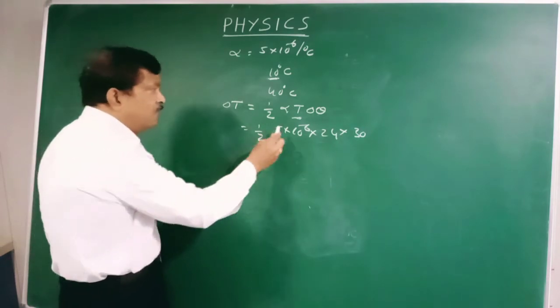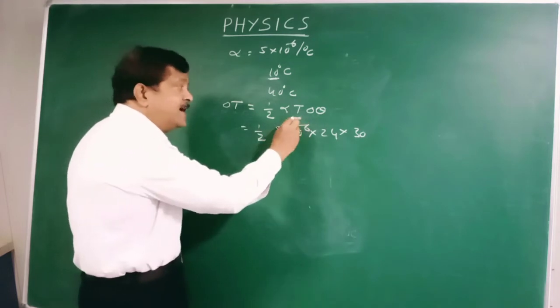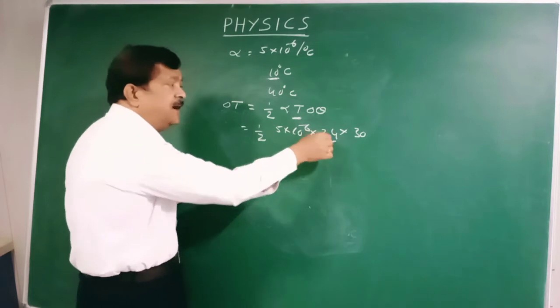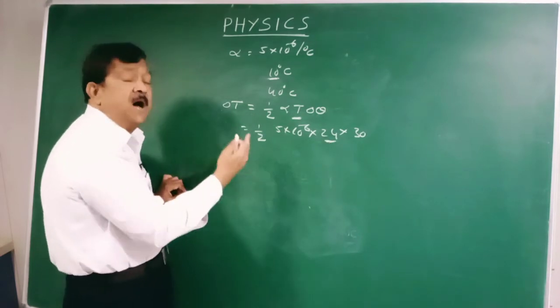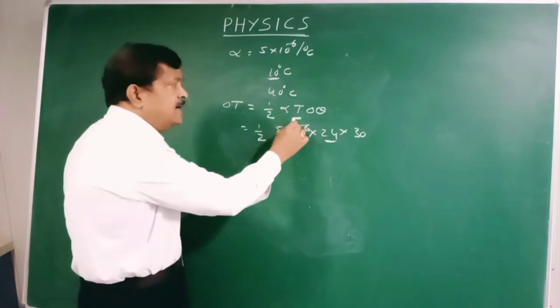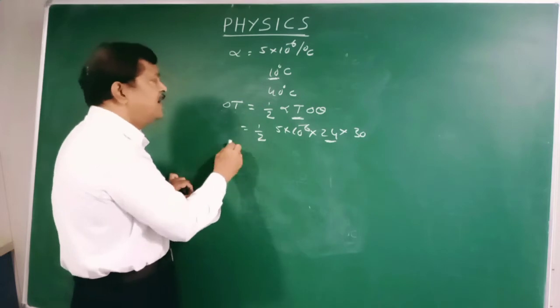Because we are measuring the loss or gain of time in 1 day only, but if the option is in hours, use this time in hours only. Suppose the final option is in seconds. Let us express the time, that is 1 day, in seconds. Then what will be the answer?